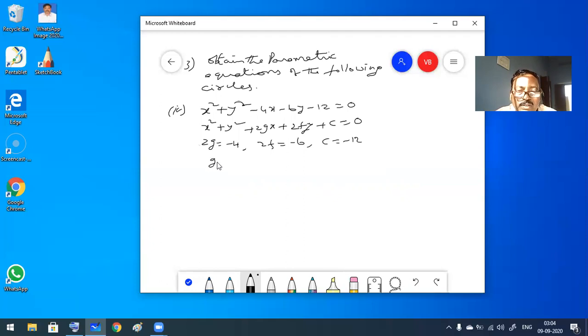Therefore g is equal to minus 4 by 2, that is minus 2, and f is equal to minus 6 by 2, minus 3, and c is equal to minus 12.